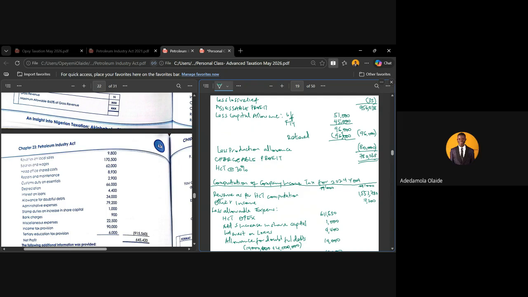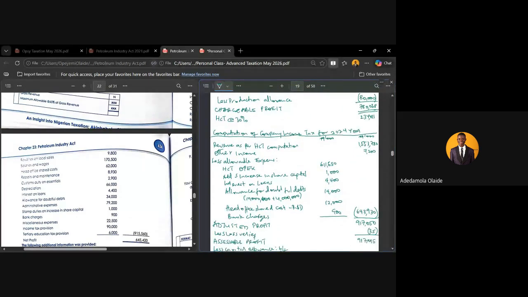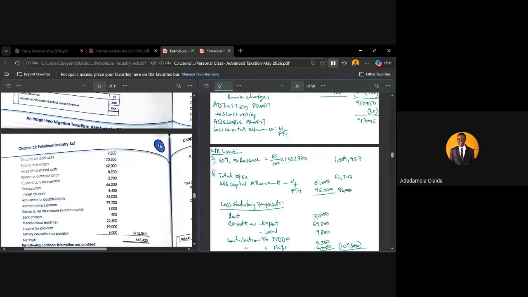Okay, what do we now have as ACT at 30%? That will be 234,011.4. Okay, so we have this to be 51,000 and 45,000. That's 96,000.